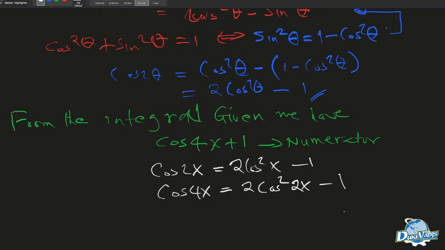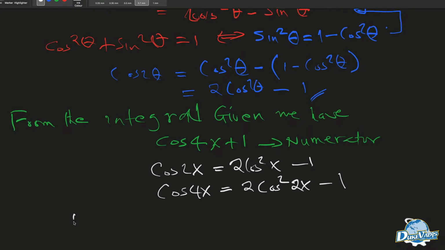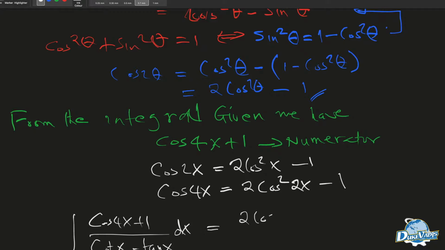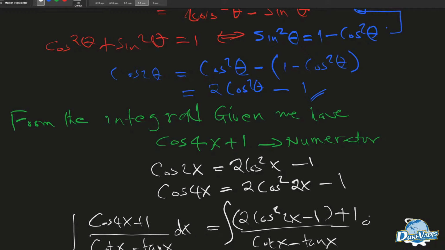So our integral, which is the integral of cos 4x plus 1 all over cotangent of x minus tangent of x dx, can be written as the integral of 2 cos squared 2x minus 1, plus 1, all over cotangent of x minus tangent of x dx.